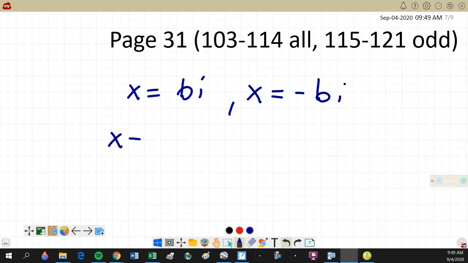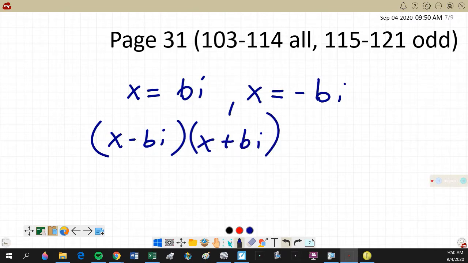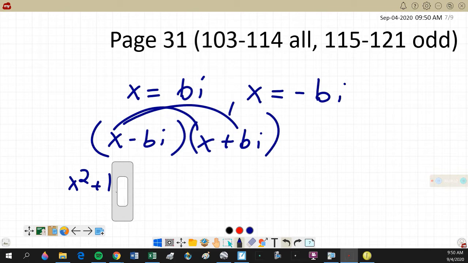So, x minus bi and x plus bi. Watch what happens when we multiply these. X squared plus, what order does everything go in? It does matter.